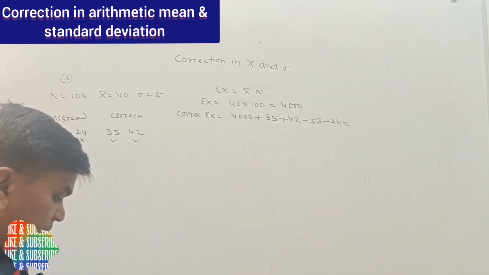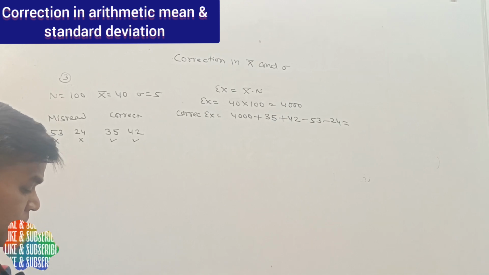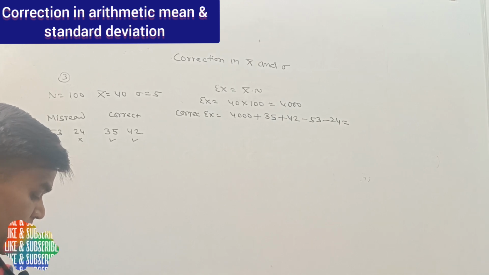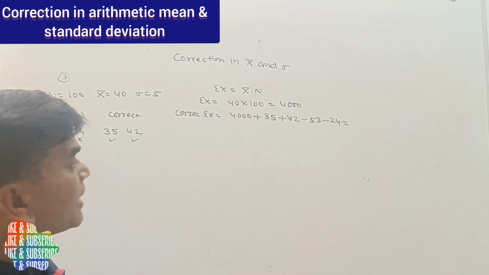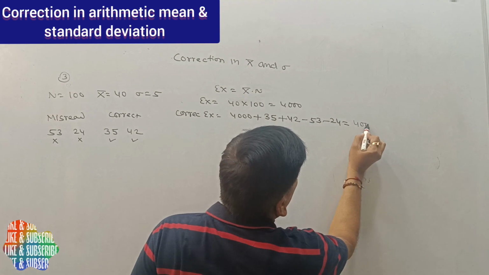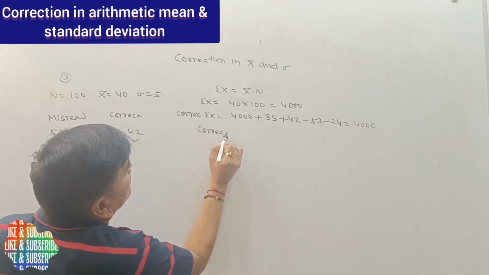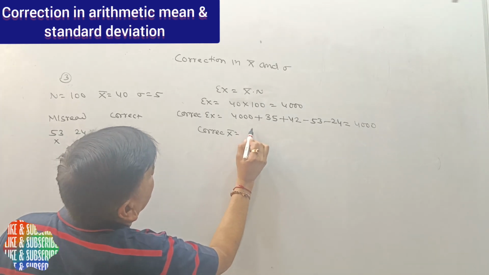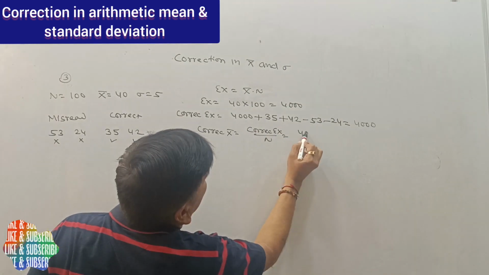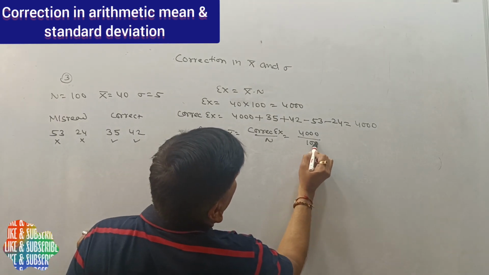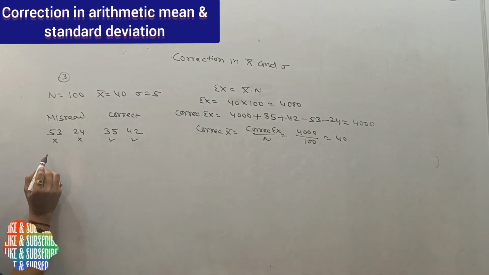So 4000 plus 35 plus 42 minus 53 minus 24, again we have 4000. So correct x bar is correct sigma x divided by n, that is 4000 divided by 100, which is 40. It means our arithmetic mean is already right.